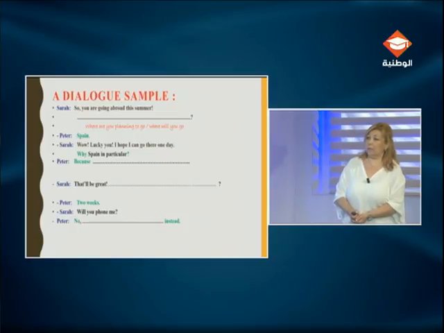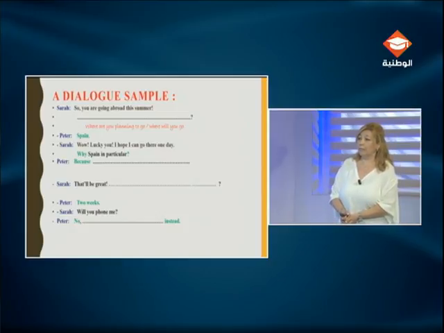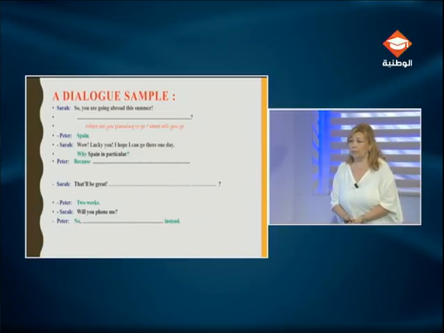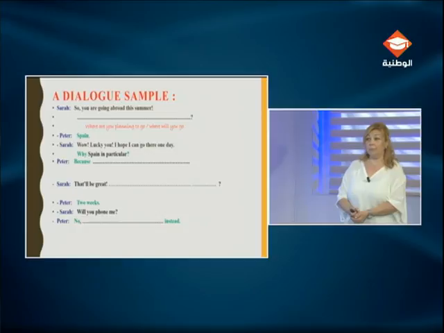Then Sarah replies, "Wow, lucky you. I hope I can go there one day." Then she asks, "Why Spain in particular?" And Peter answers, "Because..." Therefore, we understand that for this answer, we need a sentence. We don't need a question.